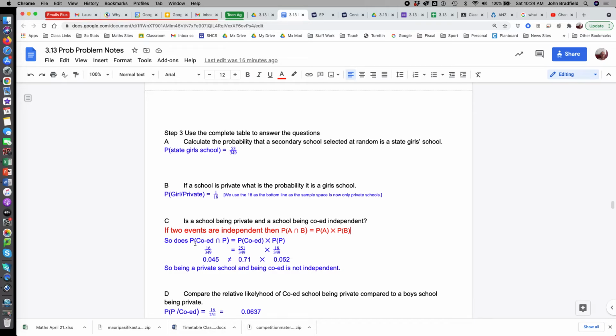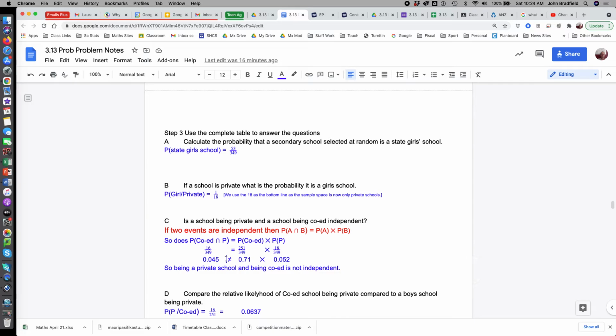The probability of being co-ed and private is 16 out of 349. The probability of being co-ed total, 251 out of 349. The probability of being private, 18 out of 349. Those probabilities are all taken straight off the table. The question is, does that work when I multiply them? And the short answer is no. If I multiply that times that, I don't get 0.045, I get something else.